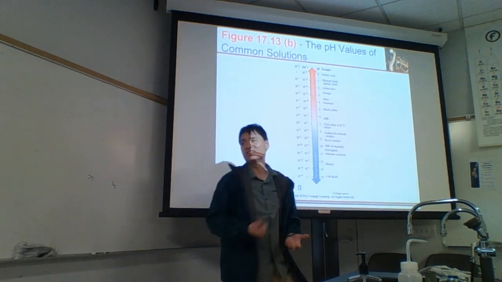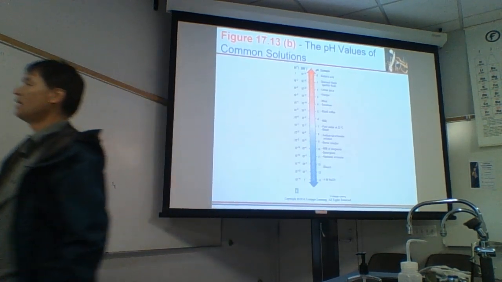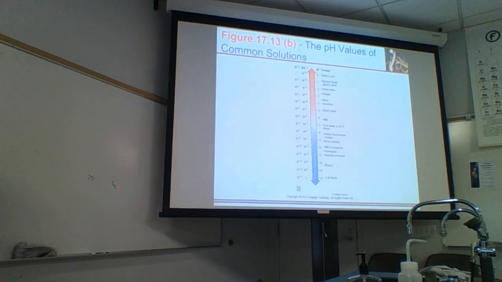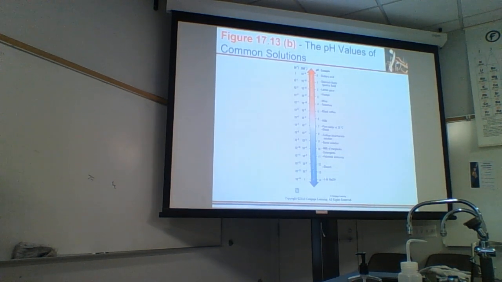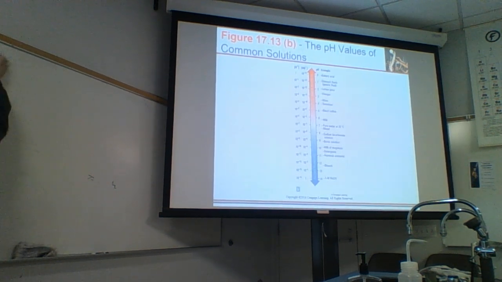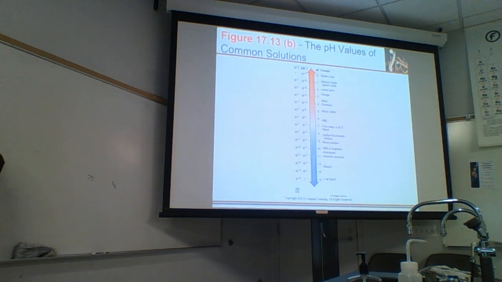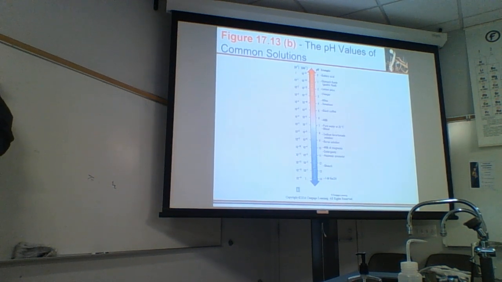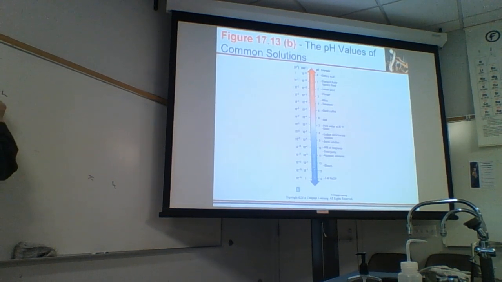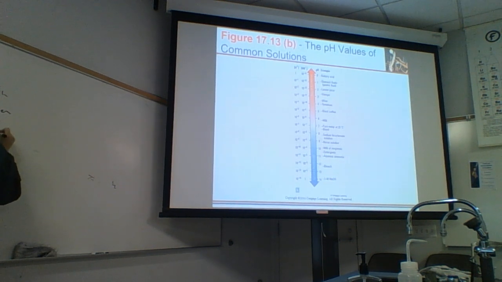But what happens if you dissolve stuff in here? What happens if you put other things like acids or bases in here? It's going to change the pH. So what we do is we have something called KW. KW is for both pure water and solutions.